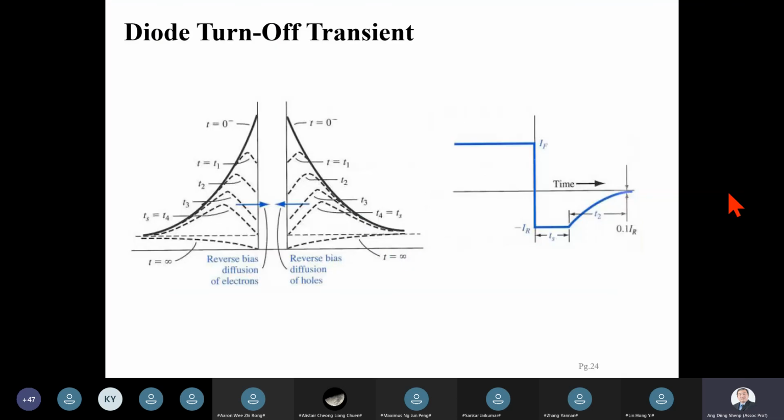Are you referring to this current here? Okay, this is approximately constant. It's not strictly constant.